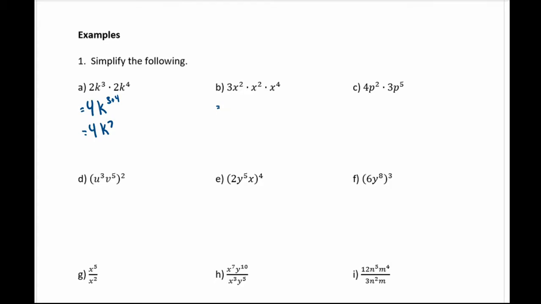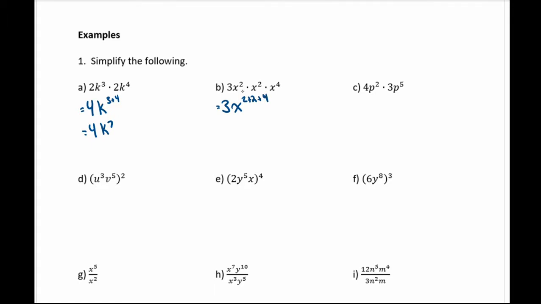For B, 3x squared times x to the power of 4. Again, 3 is on its own. There's no other number I can multiply it by. X squared times x to the power of 4: because I'm multiplying powers, I can add my exponents.